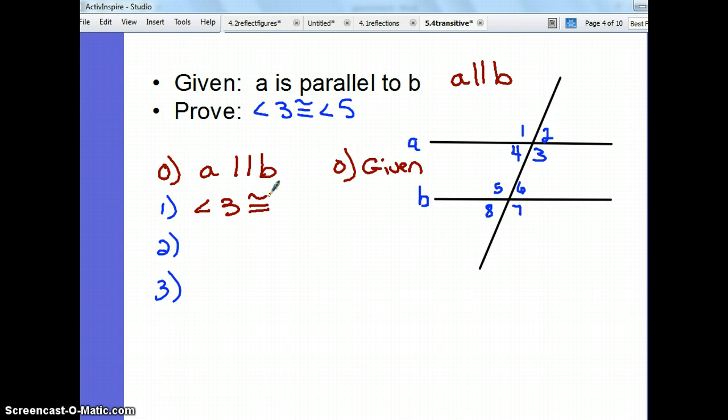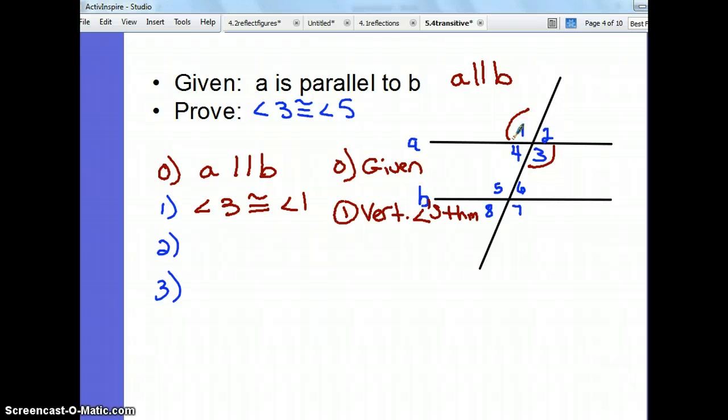I'm going to start by saying that angle 3 is congruent to angle 1. And that will be justified by the vertical angles theorem. We've done that quite a few times. Hopefully we can remember that piece.